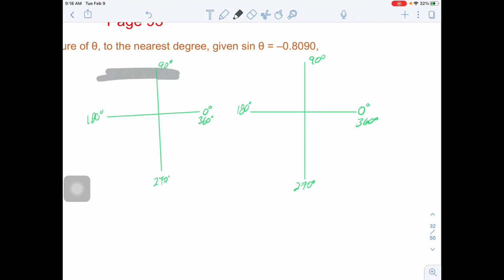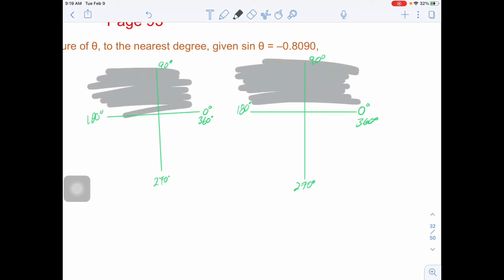Again, ignoring quadrant 1 and quadrant 2. My first case is a standard angle that exists in quadrant 3. My second case is a terminal angle that exists in quadrant 4. Let's call this angle standard angle 1. Let's call this angle standard angle 2.